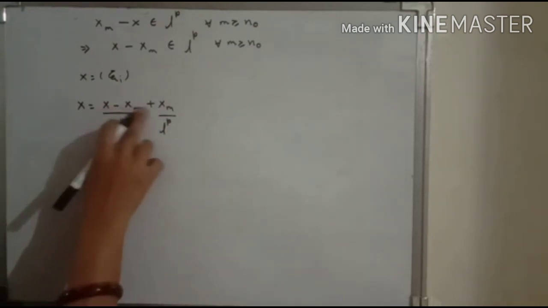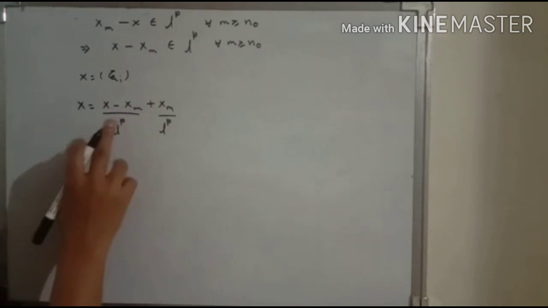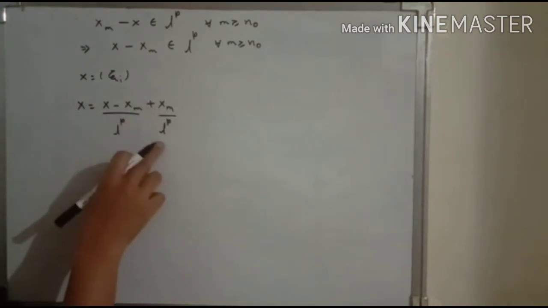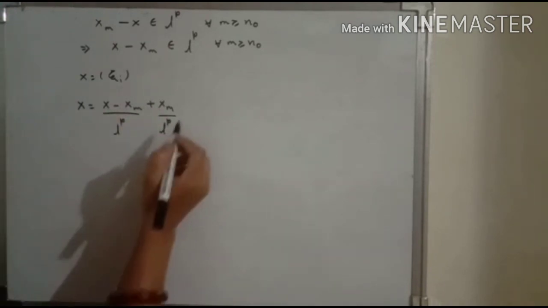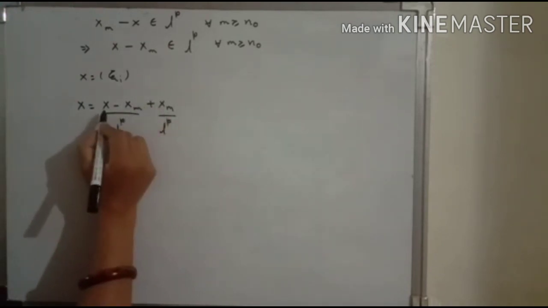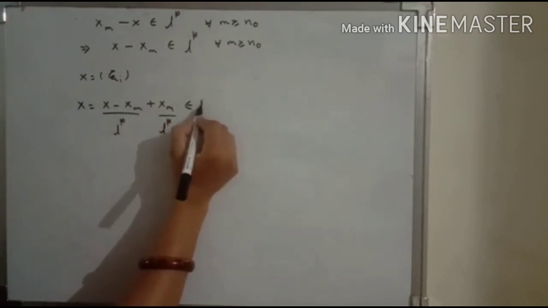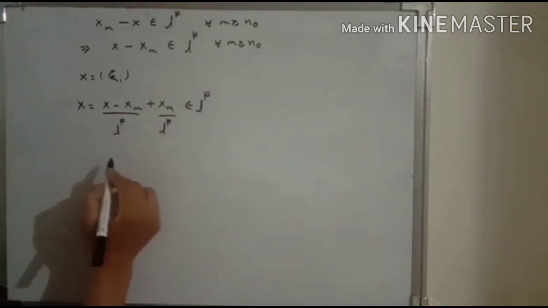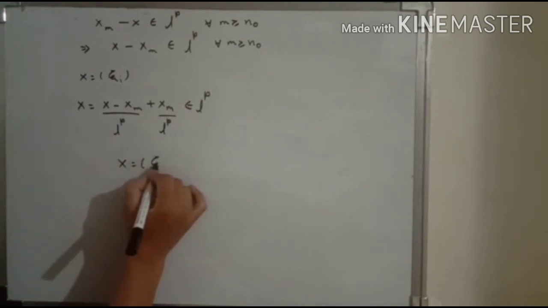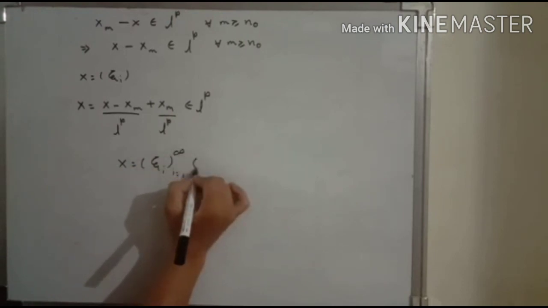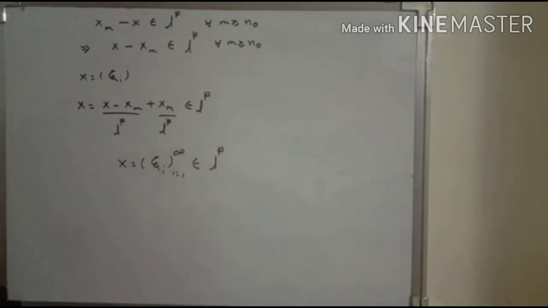Therefore these are two vectors of LP, and LP is a vector space and every vector space is closed with respect to addition. Therefore the addition of two vectors of LP is again an element of LP, and therefore x minus xm plus xm is an element of LP, and it implies that x equals the sequence xi I, with I from 1 to infinity, is an element of LP.